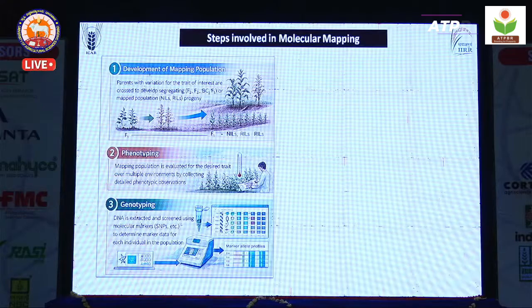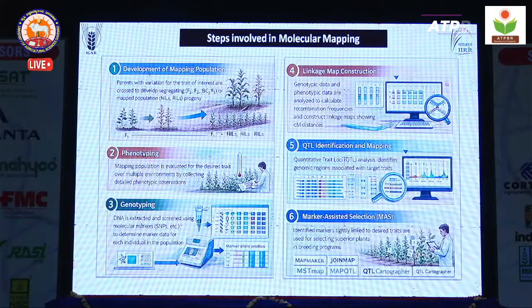If anybody is interested, you can write to me, and I'll explain in detail which genotyping platforms are available in rice, particularly for SNP markers. Then, once you have a marker system used for analysis of this fixed mapping population, you develop a linkage map using those markers. Even though those markers' physical positions will be known already, this is still the first and foremost task which you have to do.